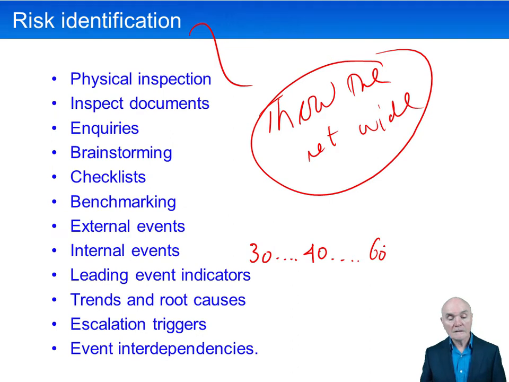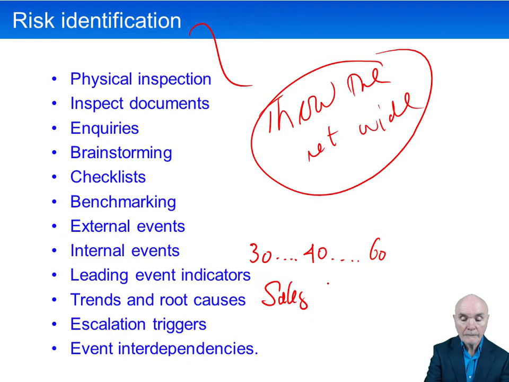Trends and root causes. We want to try and see behind the trend to the root cause. So the trend might be that sales are going down. Identifying that sales are going down is not good news, of course.